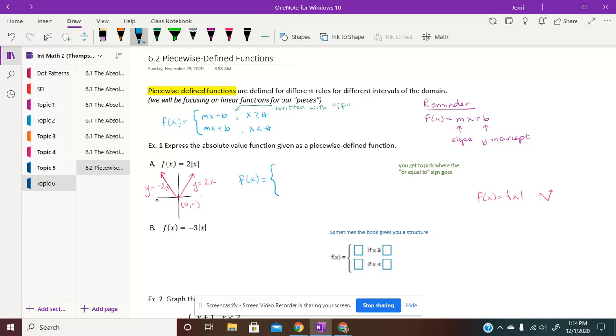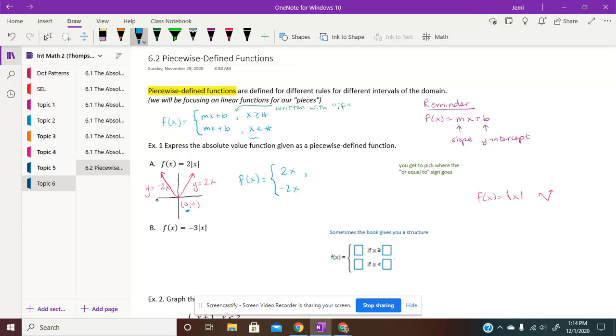So I've got two different conditions here. I've got 2x and I've got negative 2x. Those are my two pieces of the linear equations. So 2x, when does this occur? I want to know the x values, always the x values, where this occurs. So what is the x value of the vertex?